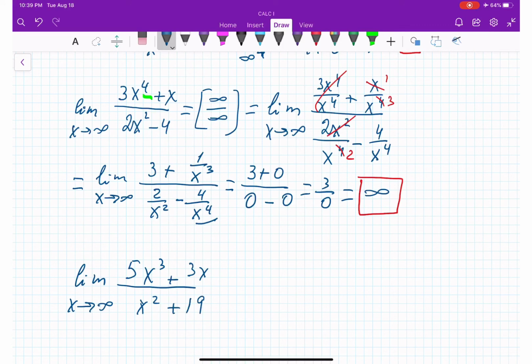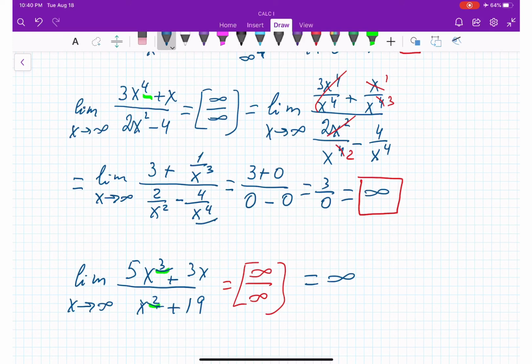Since we have infinity, you already know, since the degree of the numerator is greater than the degree in the denominator, we have infinity over infinity. Yes, absolutely. Therefore, the result is going to be infinity, because the numerator has a greater degree than the denominator. So the result is going to be infinity.